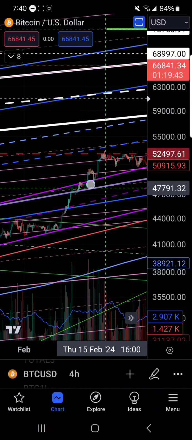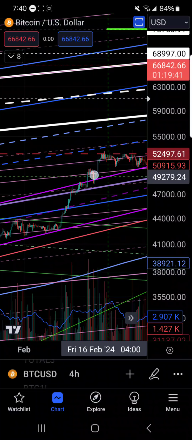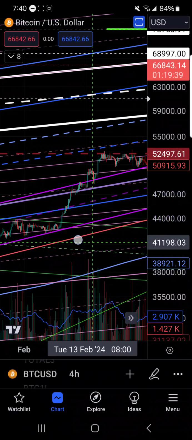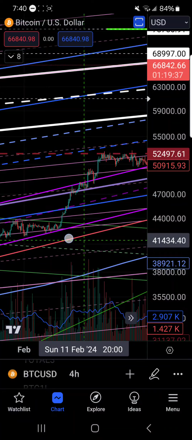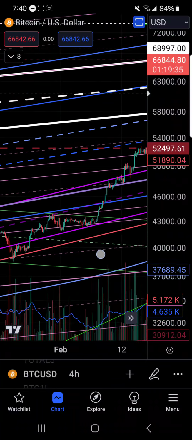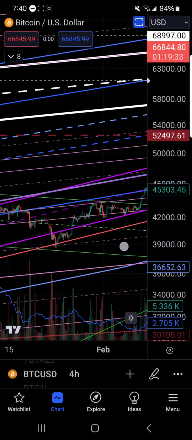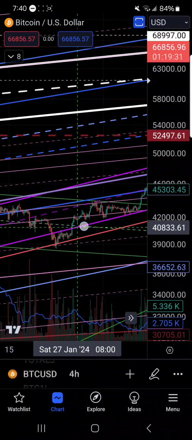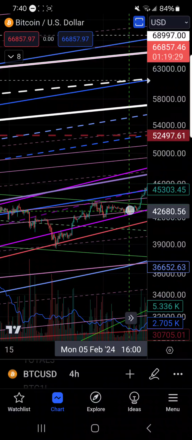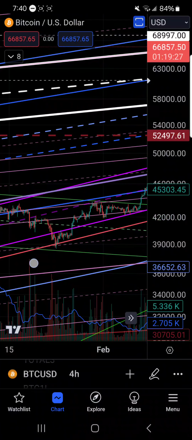And then note as well the top of the fuchsia colored channel, which is perfectly parallel to this red line. And note here as well that we are starting to interact with this fuchsia colored parallel channel.